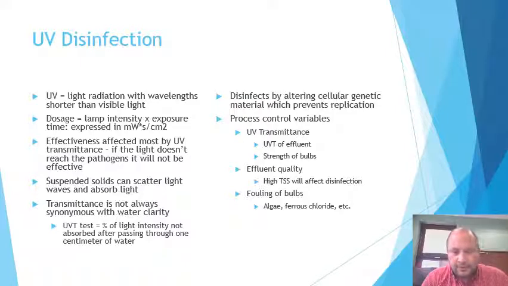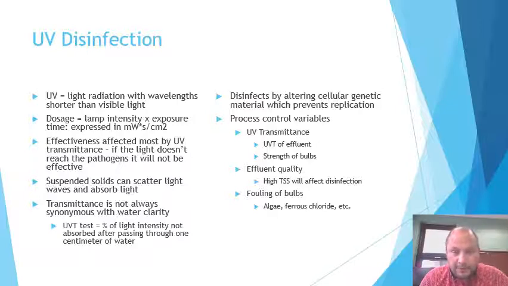So the process control variables for us as operators: again, the UVT of the effluent, which we test for here. If the water has high UVT, then we don't need to burn the lights as brightly. If we have low UVT, then they burn quite a bit brighter.